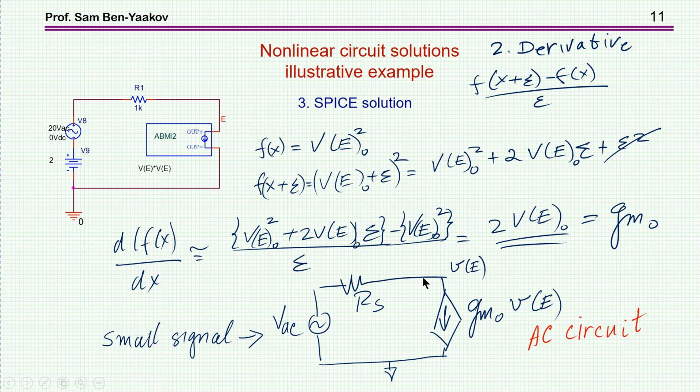And now this circuit is going to be solved by a phasor calculation. Here we don't have any reactive elements, but in general you might have capacitors, inductors, etc. But the calculation is algebraic, with no differential equation involved, because it's a linear circuit in a steady state.